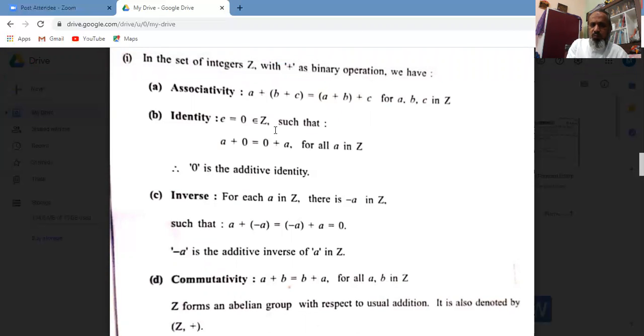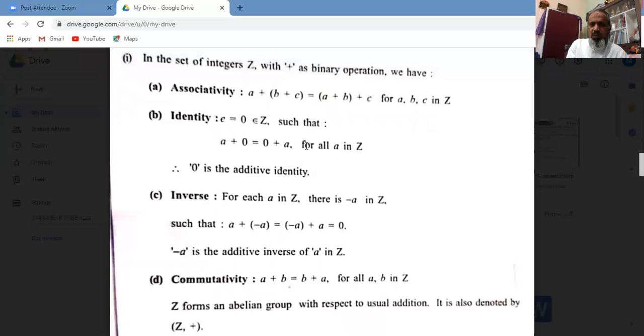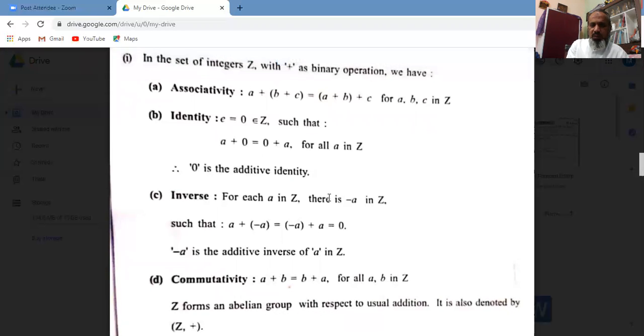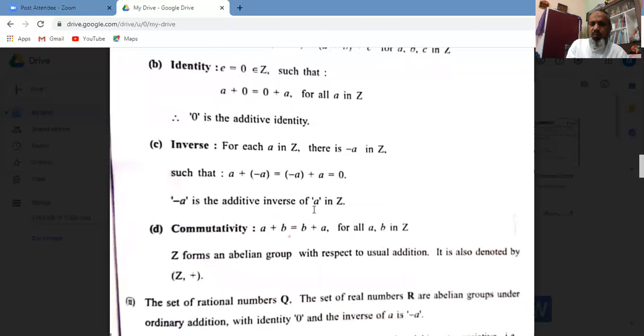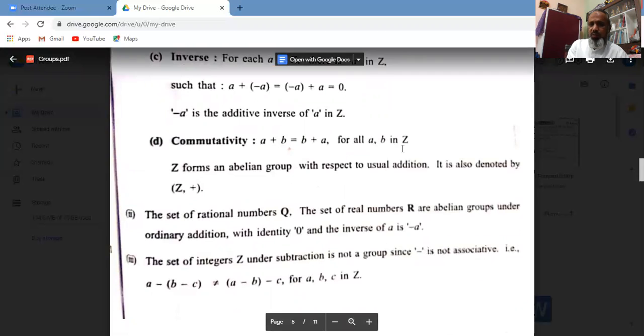So the four properties are satisfied: closure, associative, identity, and inverse. So the structure Z comma plus is a group with respect to addition. Moreover, it satisfies the commutative property. What is the commutative property with respect to addition?